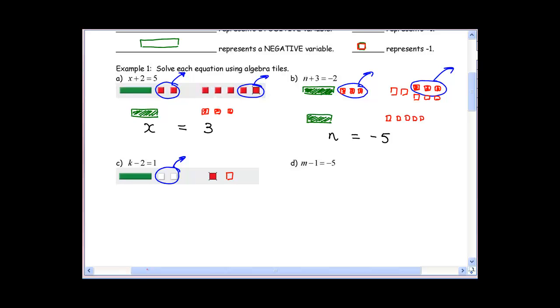I'm going to have to add in, once again, zero pairs. A zero pair is just a pair of positive and negative together. I need to put in 2 pairs in this case because I want to eliminate 2 white ones. And now, what do we have left over? I've got my k, and then I have 3, which hopefully makes total sense because k definitely equals 3.